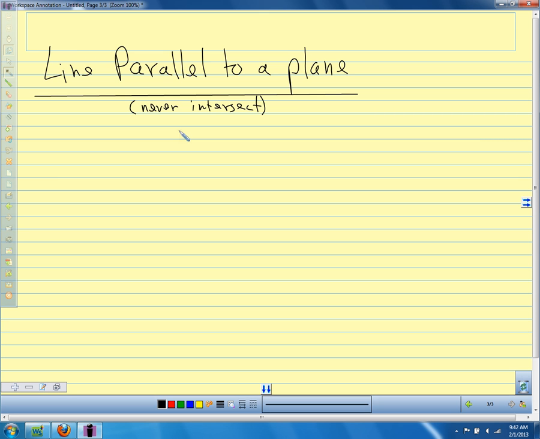If we have two lines, what guarantees that those lines don't intersect? That they're parallel, right? So, do you think it would work if I said that this line that I'm interested in is parallel to a line in the plane? Would that make the line parallel to the plane?